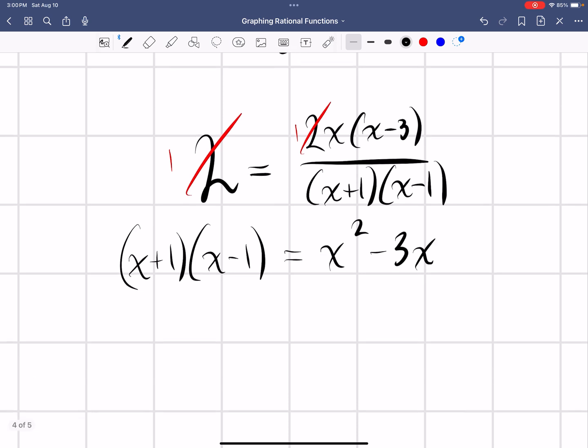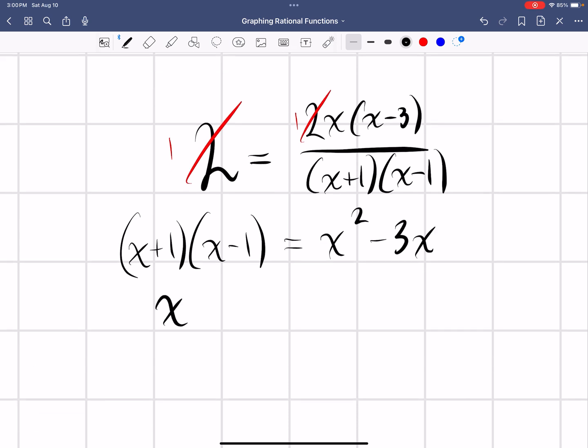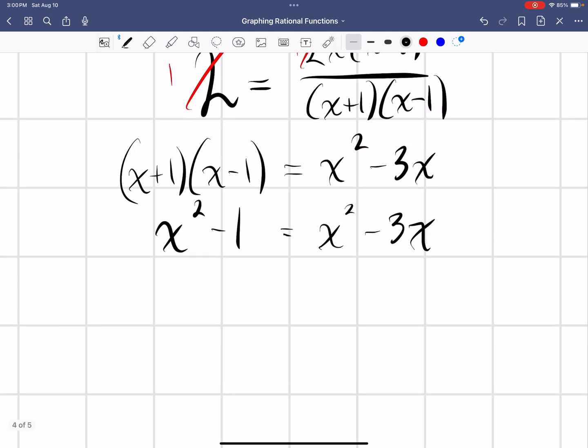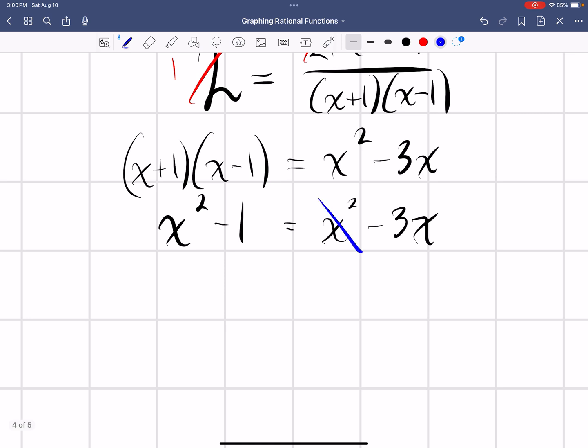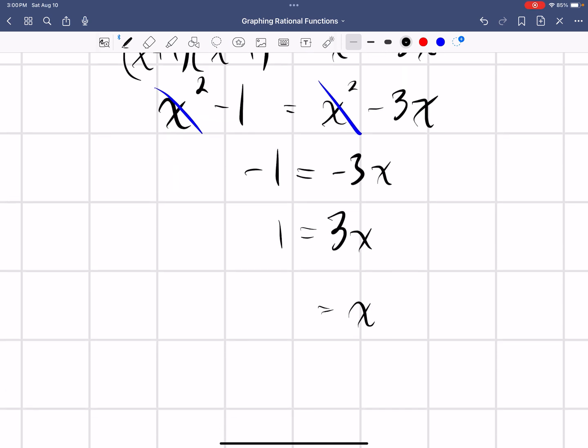Okay. Next up, we'll FOIL, so we get x squared minus 1, just the difference of squares, equals x squared minus 3x. We can cancel these x squareds. And so ultimately, we have negative 1 equals negative 3x. So 1 equals 3x. Or x equals 1/3.